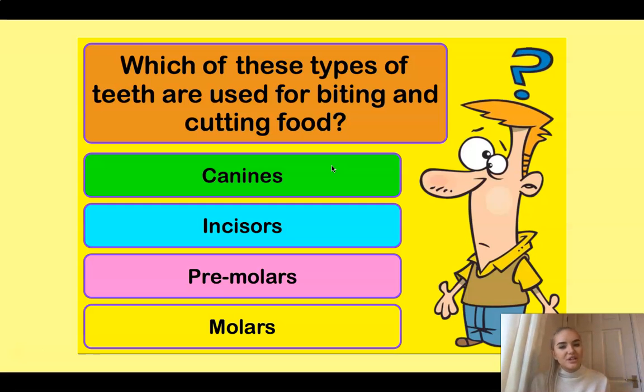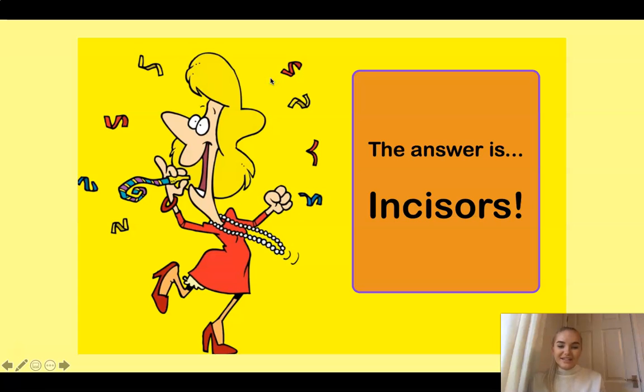So which type of teeth are used for biting and cutting food? Pause the video. Okay, have a think. Tell me your answer in 3, 2, 1. Did you get it right? It was the incisors. Remember when I told you about when you bite into an apple, the first thing that bites into it is your incisors, your front 2 teeth and your bottom 2 teeth.